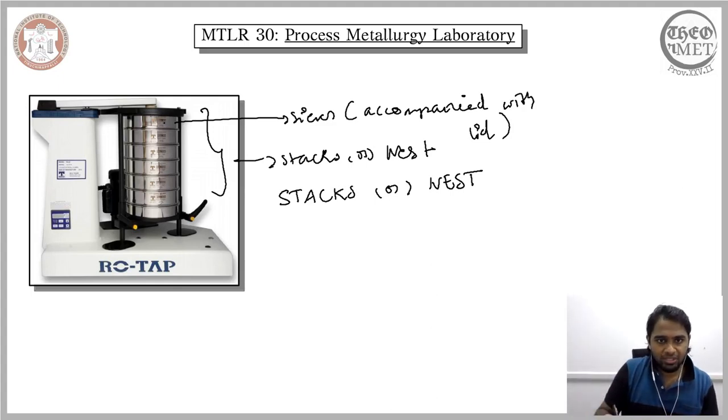So we have the top sieve that has the maximum aperture size, and we have the stacks of sieves or the nest of sieves, and the aperture size of these individual sieves decreases as you go down. And finally you have this final container that does not have any sieve at the end, and this is referred to as the receiver.